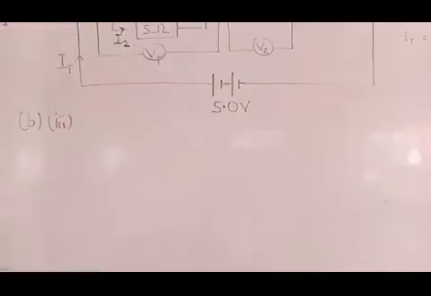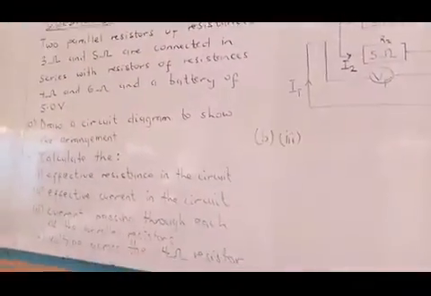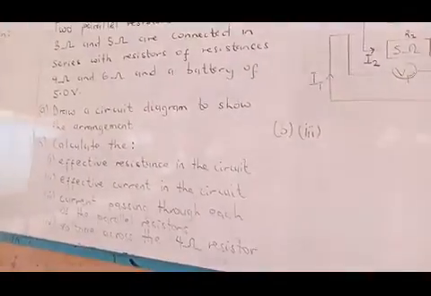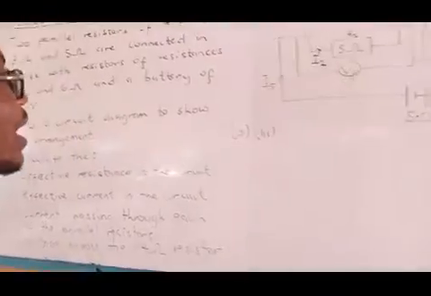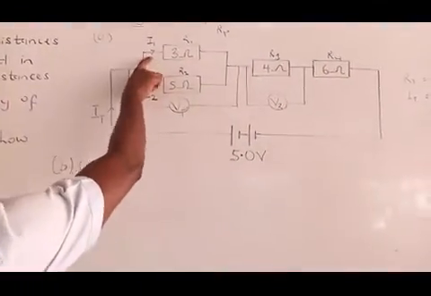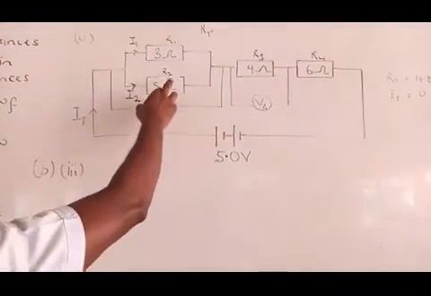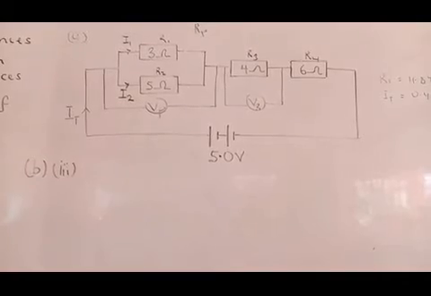BIII, it says you should look for the current passing through each of the parallel resistors. So you want the current flowing through R1, which is labeled as I1, and the current flowing through R2, which is labeled as I2.